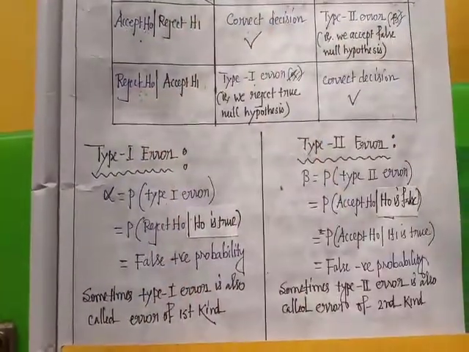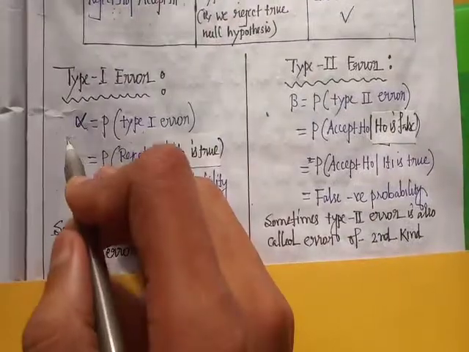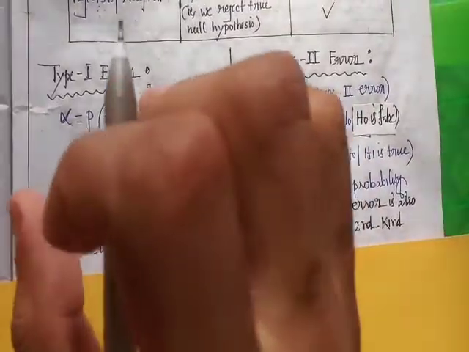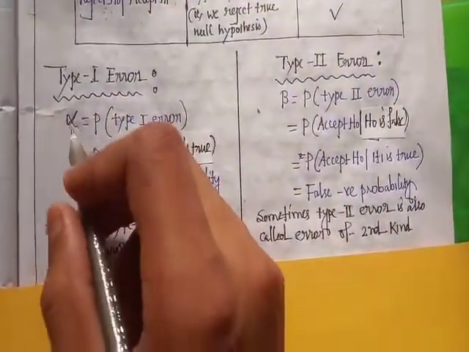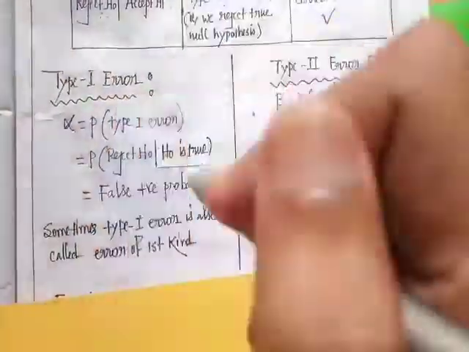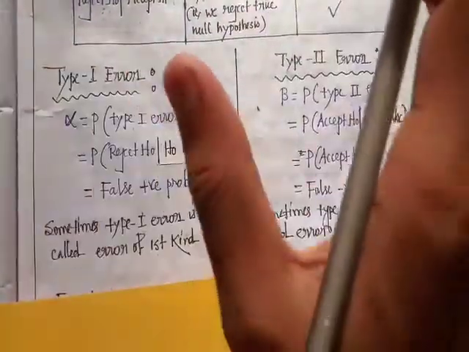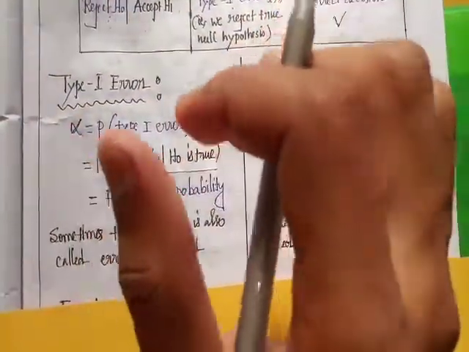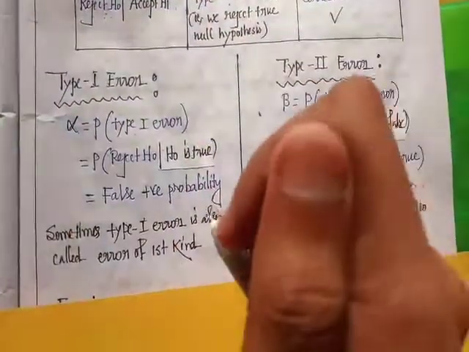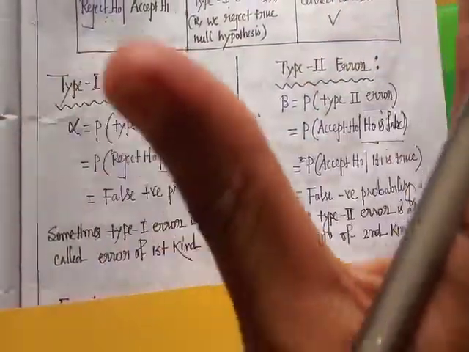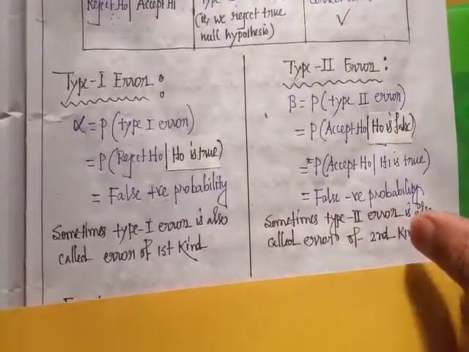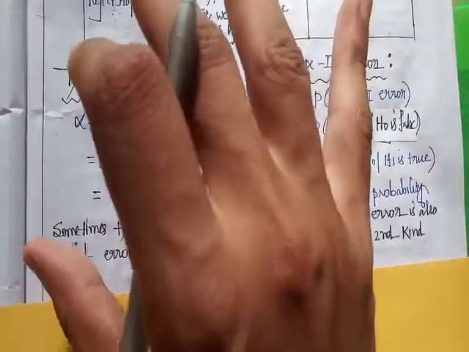Also remember, alpha is also called level of significance. So another name of alpha is false positive probability or level of significance.